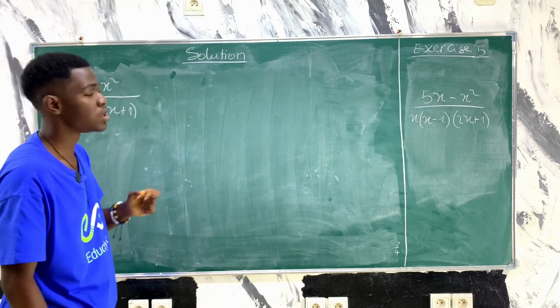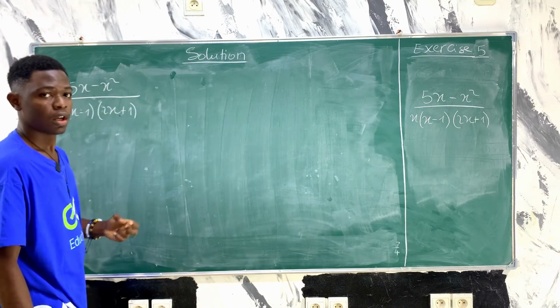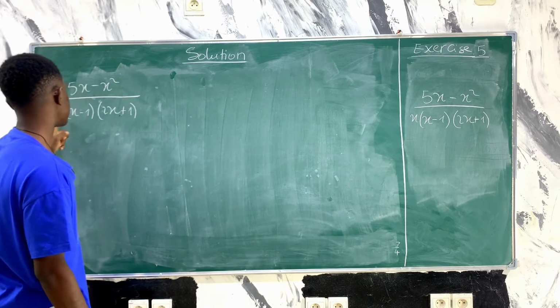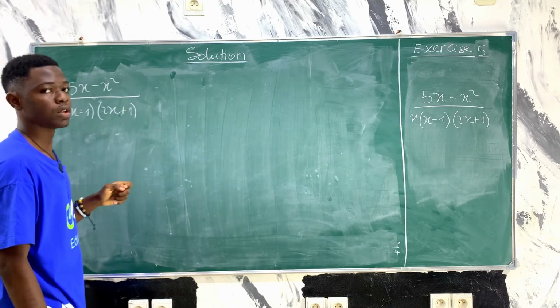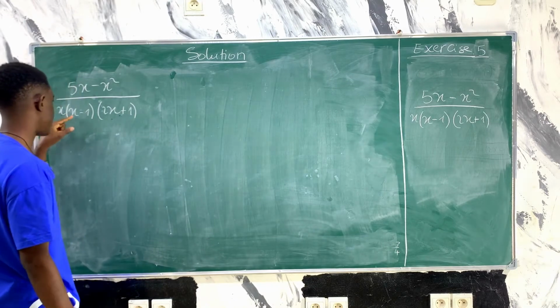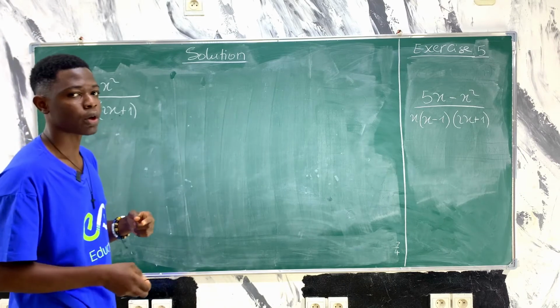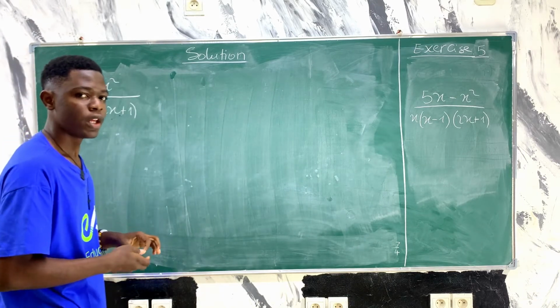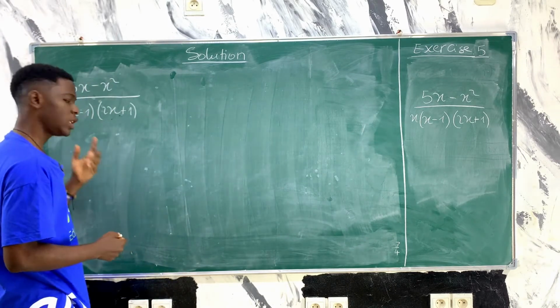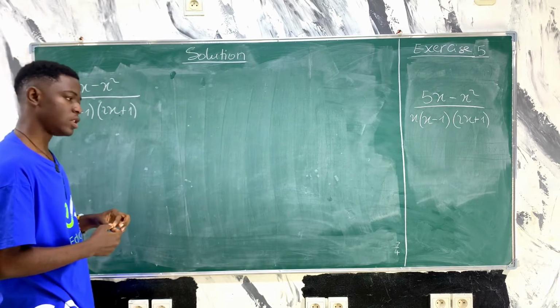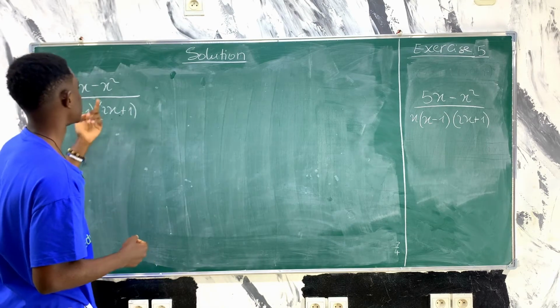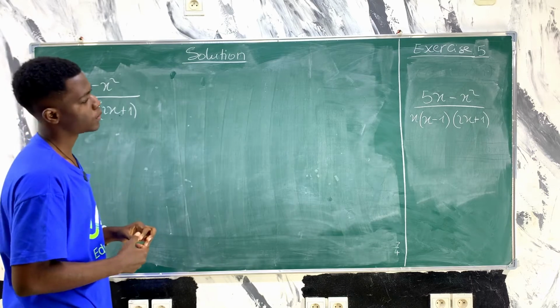So the highest power of x is 2 here. X squared multiplied by this, I have x cubed somewhere. So that is why the degree of the denominator is 3 and that of the numerator is 2.